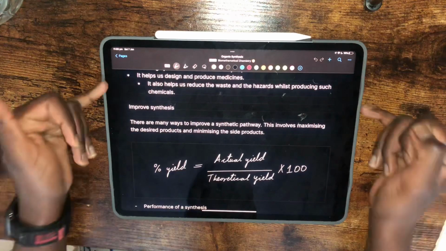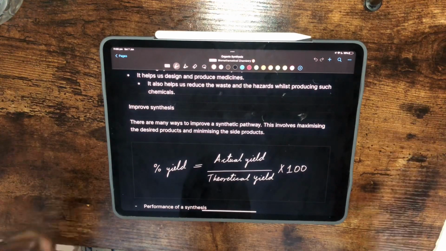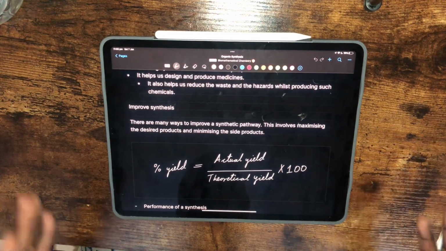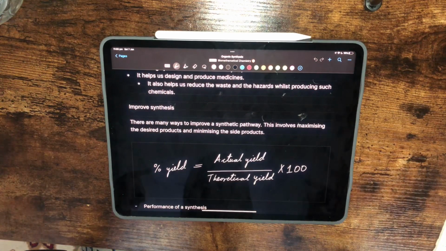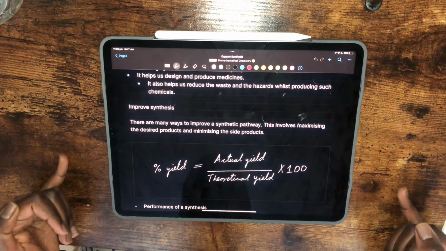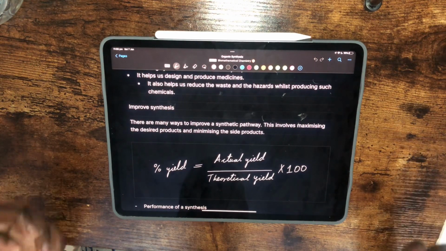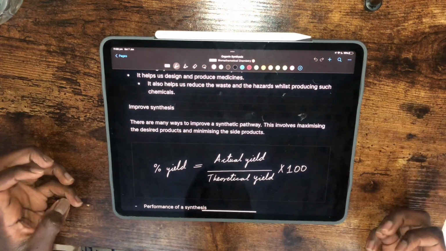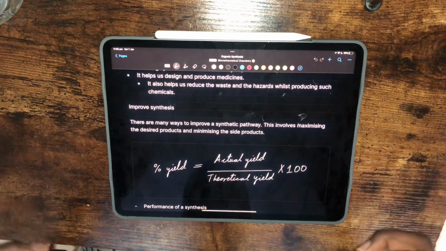So this is all part of the preparation stage. If they ever ask you why percentage yield is important, it lets you know beforehand how much of your product you're getting from the reaction before you actually do the reaction.